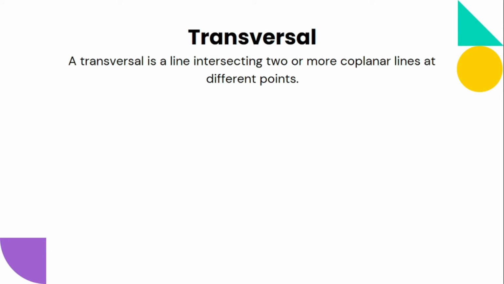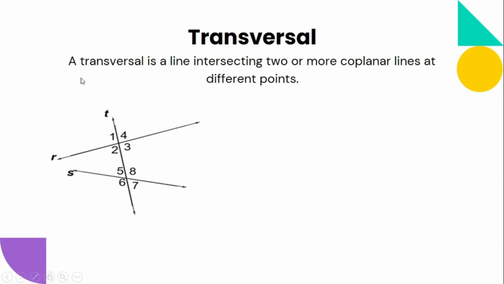Okay, so for us to be able to understand this, let's have this illustration. So, given this illustration, kung matatandaan nyo, diniscuss natin before ang tungkol sa lines, di ba, intersecting lines. Ngayon naman, let's identify alin ba dito sa figure na to ang transversal. Okay?